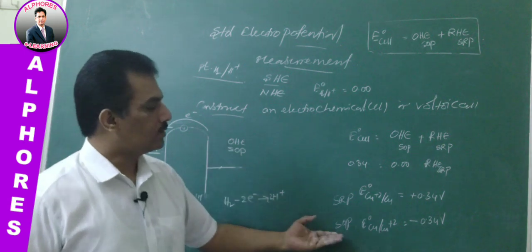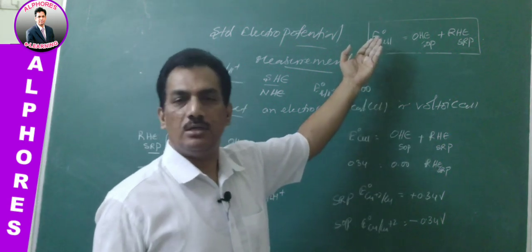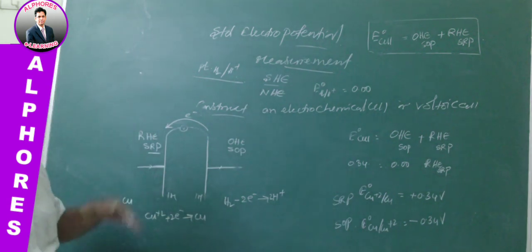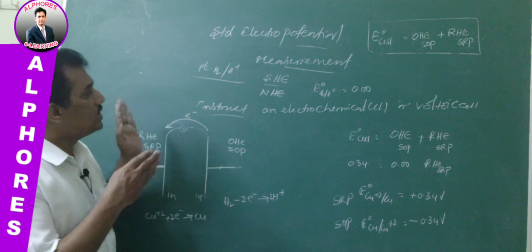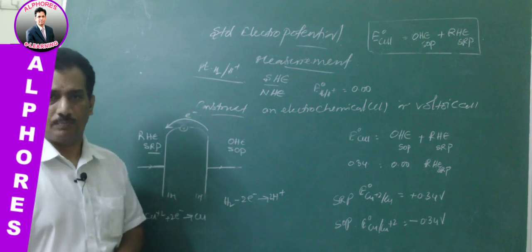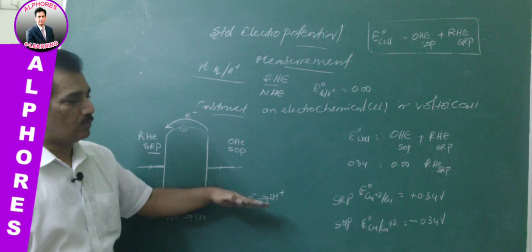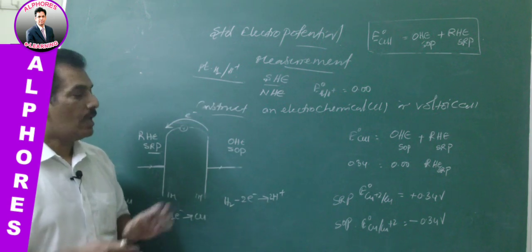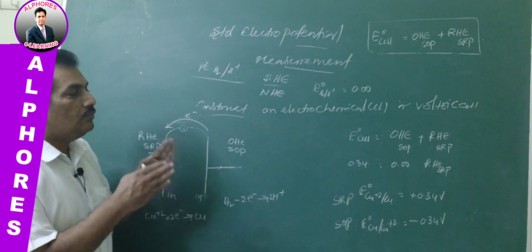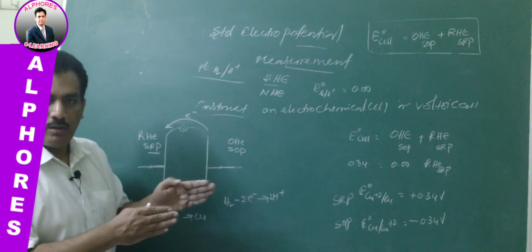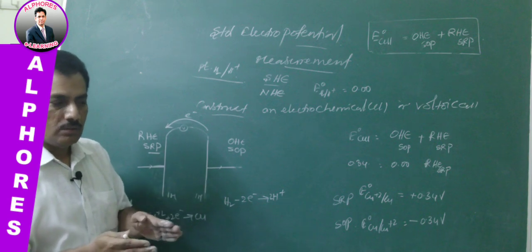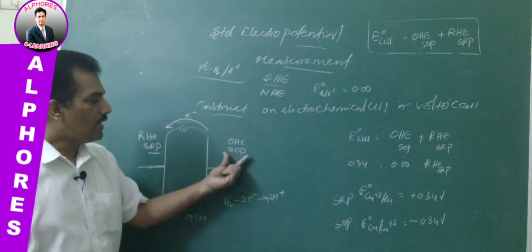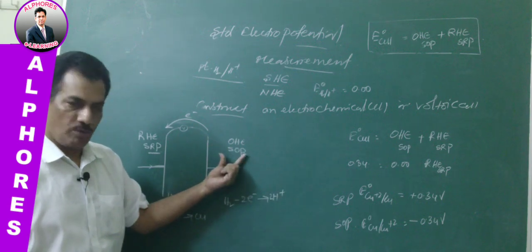After getting the standard electrode potentials, we already know how to get E naught cell. Clear? In the next session, after measuring the standard electrode potentials and after getting the standard EMF of the cell, we will see how we can apply these values or formulae to measure the EMF of cells if they directly provide the SOP or SRP values.